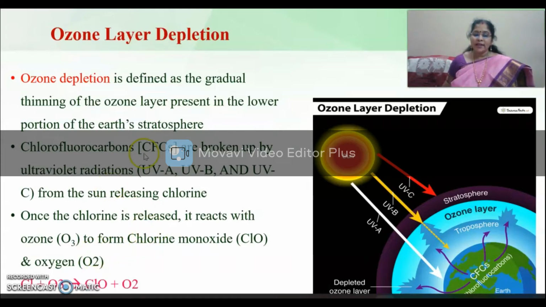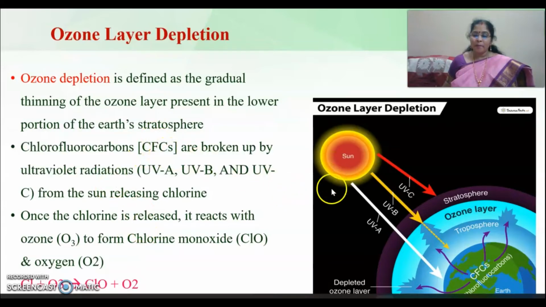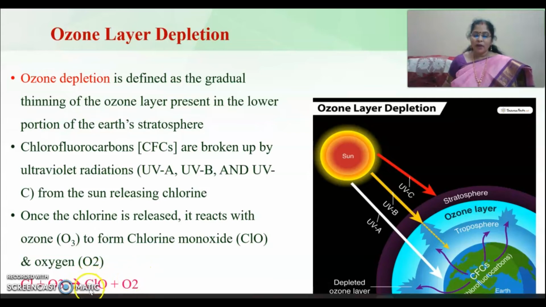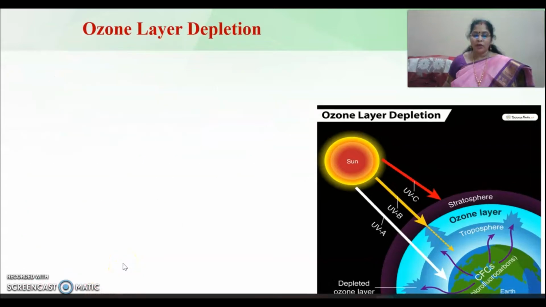You could see CFC being broken by the ultraviolet radiation, and from the CFC, the chlorine comes and joins with this O3 and breaks the O3 into O2 plus O. You could see chlorine plus O3 develops into chlorine monoxide plus oxygen. Then once again, this chlorine monoxide is also unstable in nature, and it will go and again break the O3.